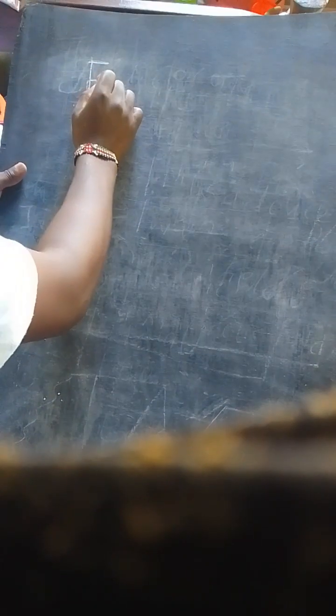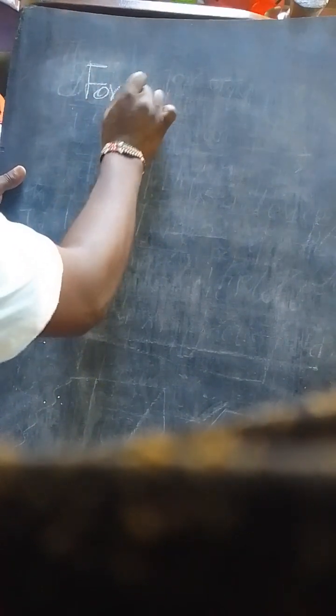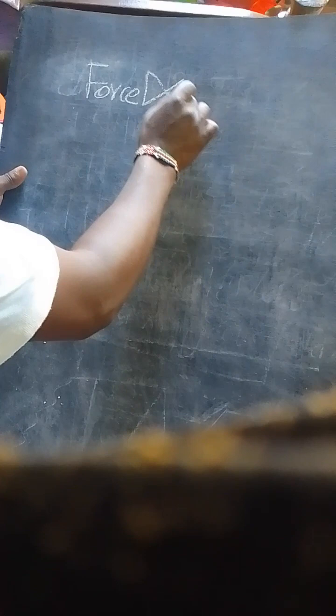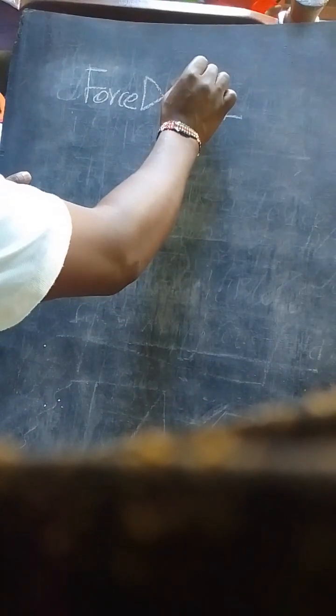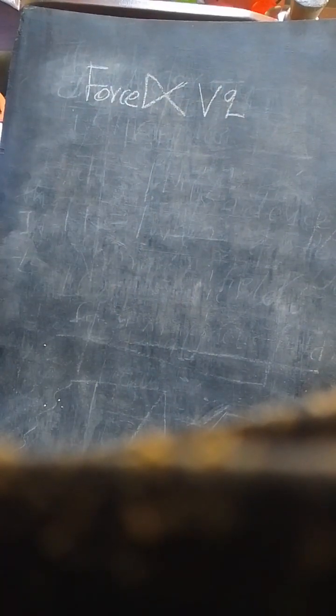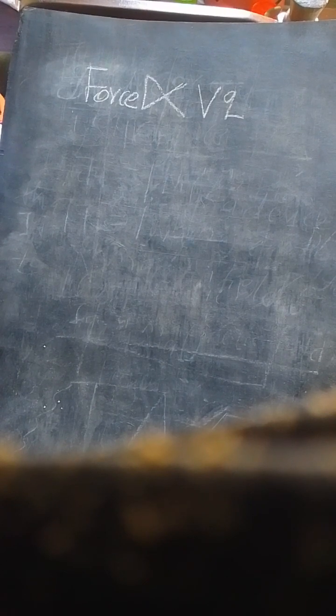Now the force that will be exerted on the particle will be directly proportional to the velocity of the particle and the magnitude of the charge. But we formed the vertical and the horizontal components.